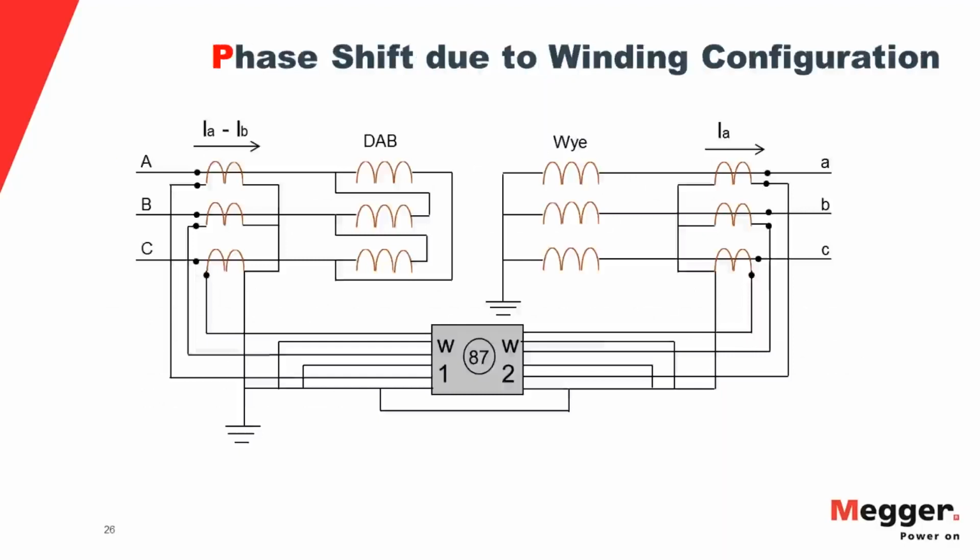And this 30-degree effect can produce a difference in the currents, which could lead to the operation of differential. I also see that there is a √3 factor coming into the picture. Many of the microprocessor relays eliminate this √3 factor by the CT mismatch correction that we discussed before.